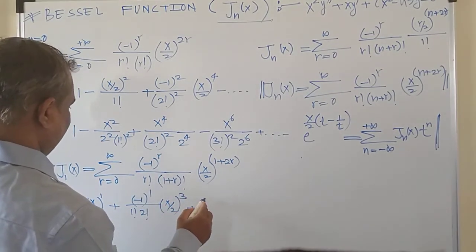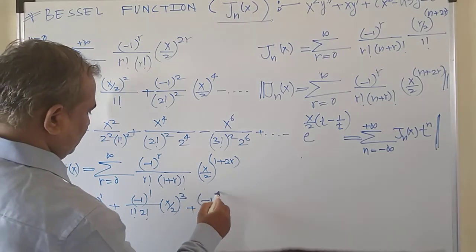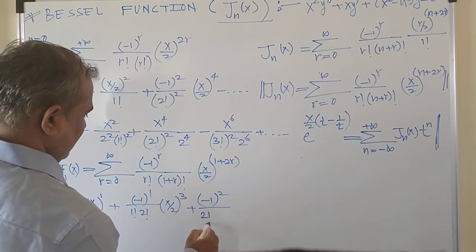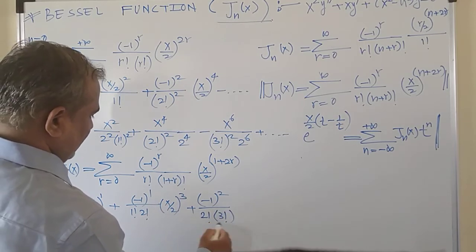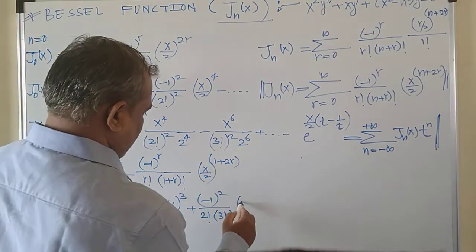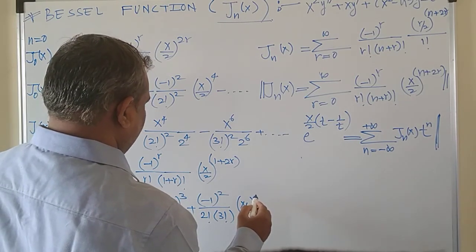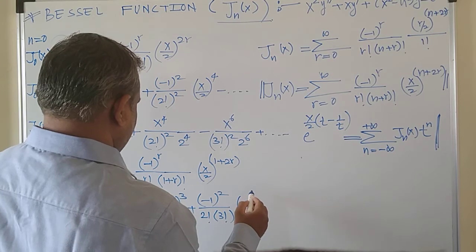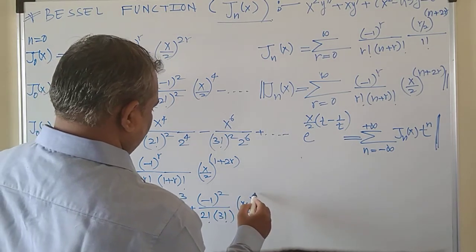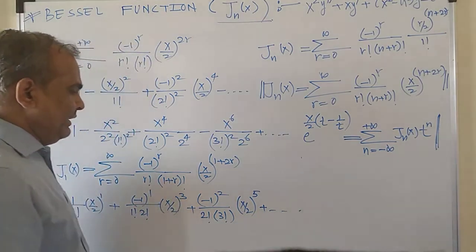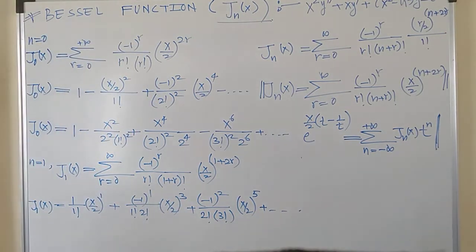Plus, the next term will be minus 1 raised to 2 over 2 factorial into 3 factorial, x by 2 raised to power 1 plus 2 into 2, that means 5, plus you will get the next terms in this way.